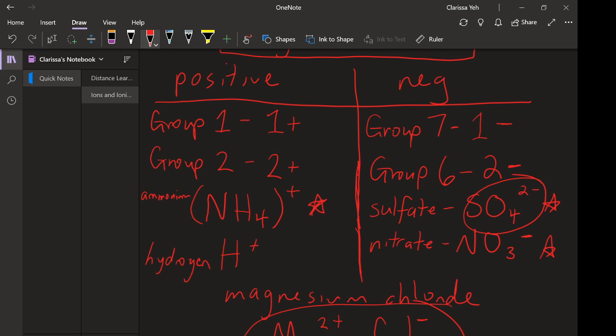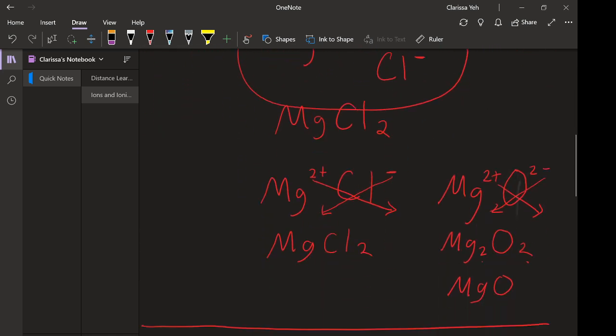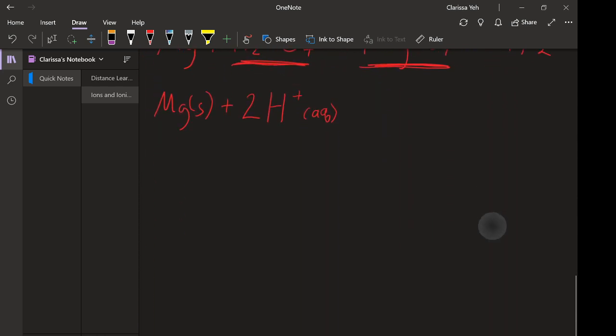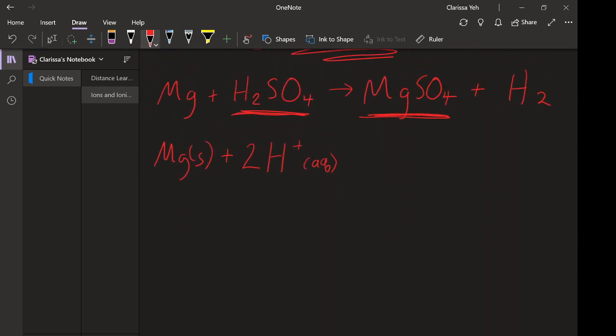If we look back on our list, SO4 is a 2 minus. And that's also dissolved. Then the Mg gets dissolved. It's in group 2, so that's going to make a 2 plus.